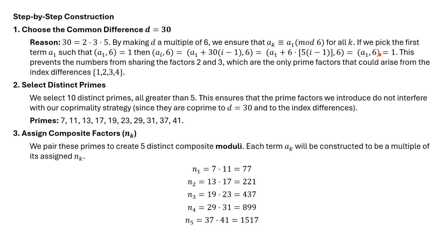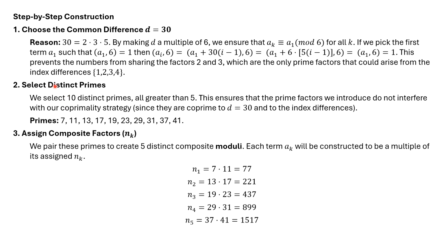And so we see that the GCD of a sub i and 6 is 1. This prevents the numbers from sharing factors 2 and 3 because of this GCD being 1, which are the only prime factors that could arise from the indices 1, 2, 3, and 4.